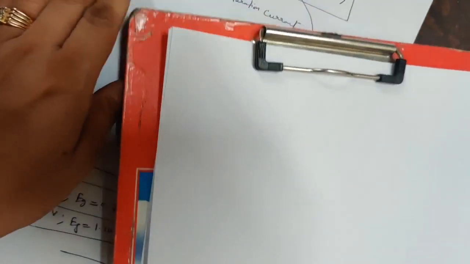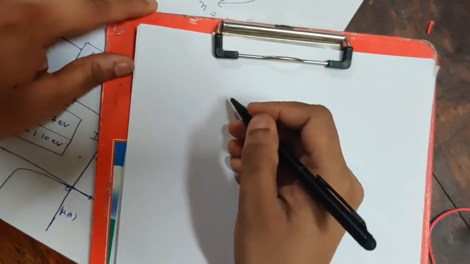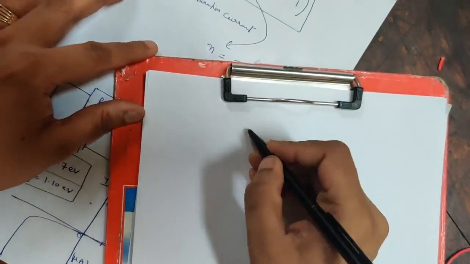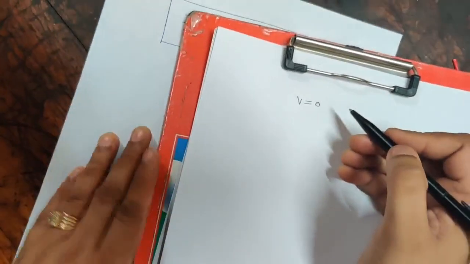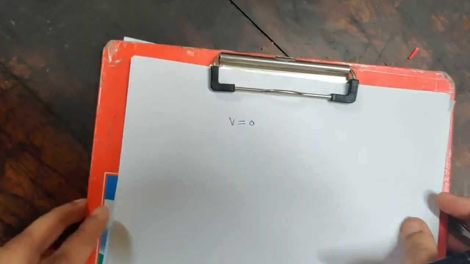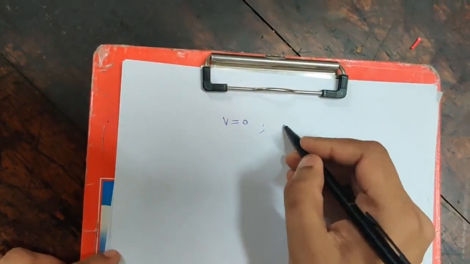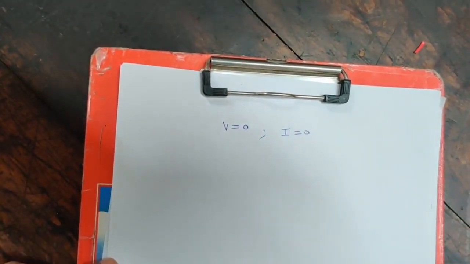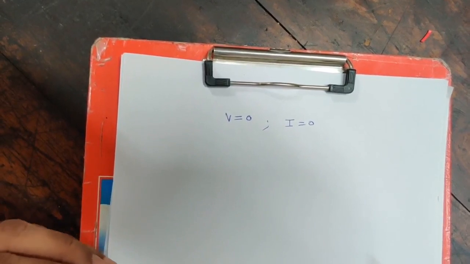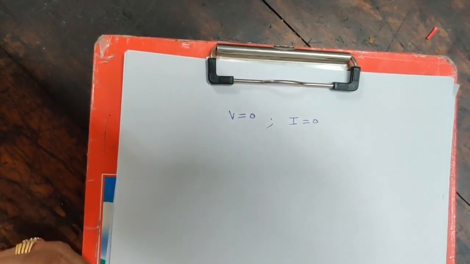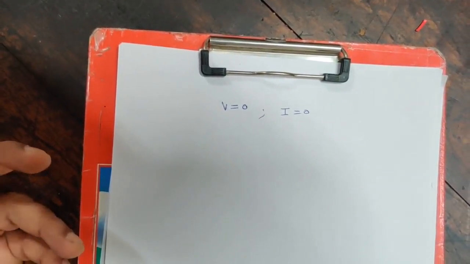Now let me tell you another important thing: if my external voltage is 0, then what will happen? There will be no current. Alright, if there is no voltage, there is no current, and as V increases, I also increases, right?